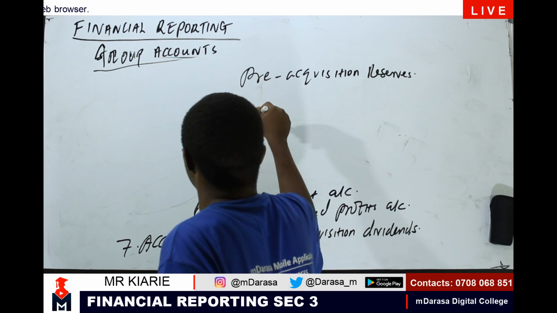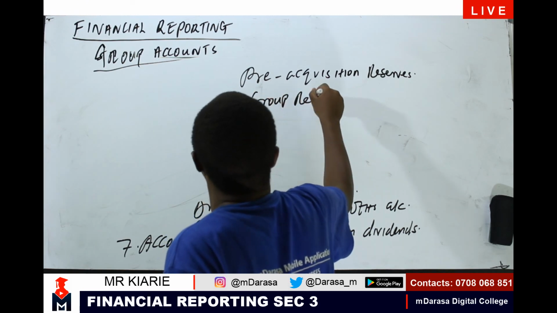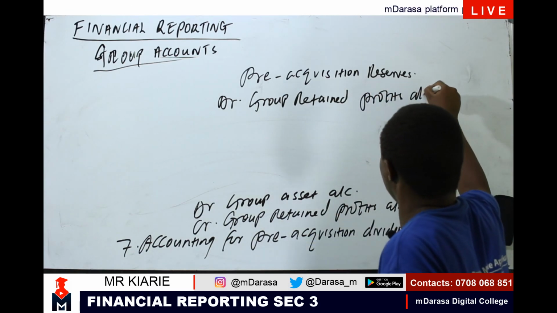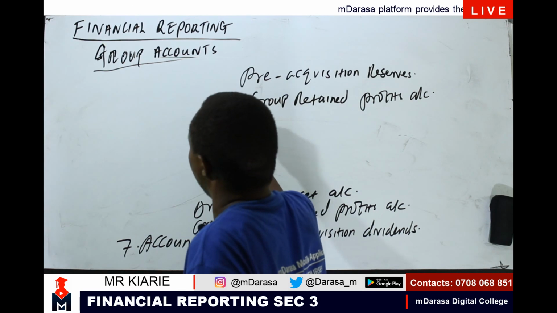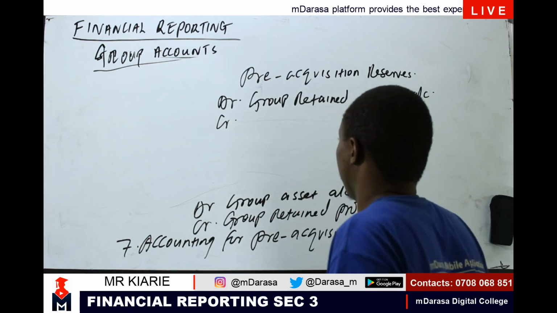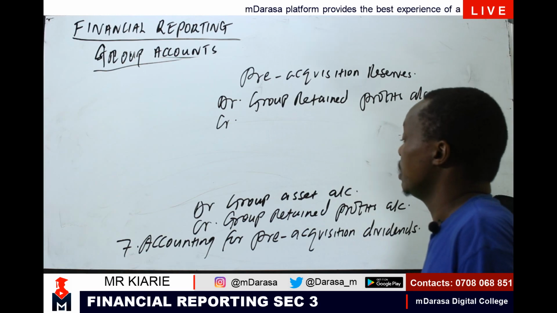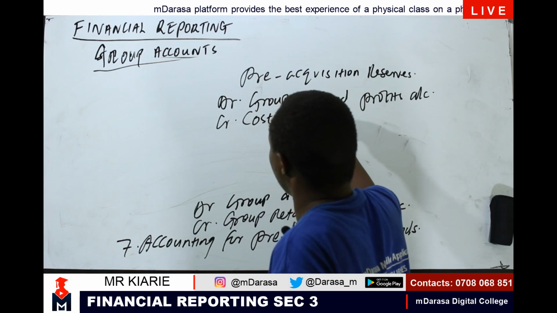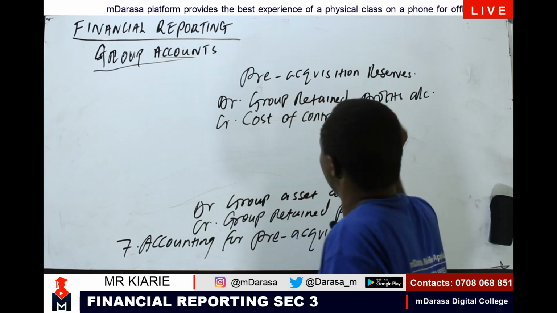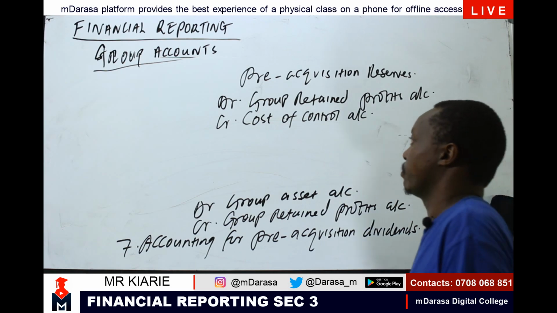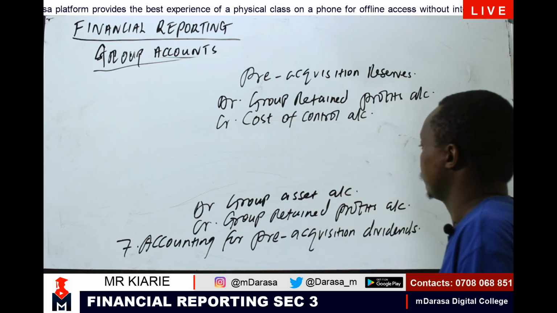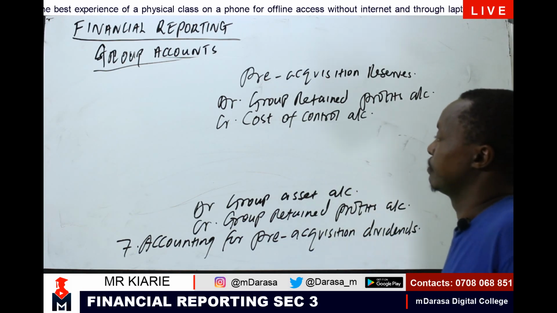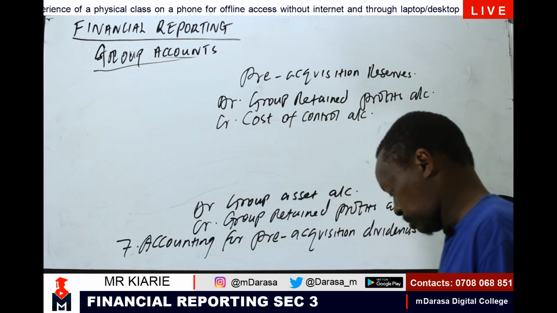Debit group retained profits account, and then you credit cost of control account.